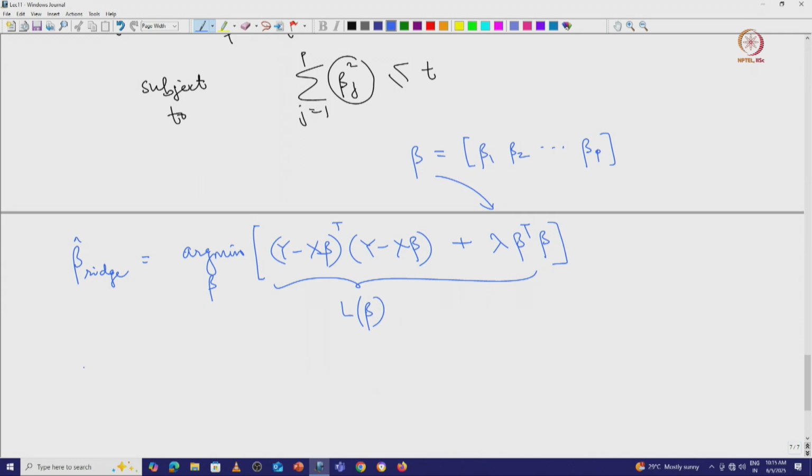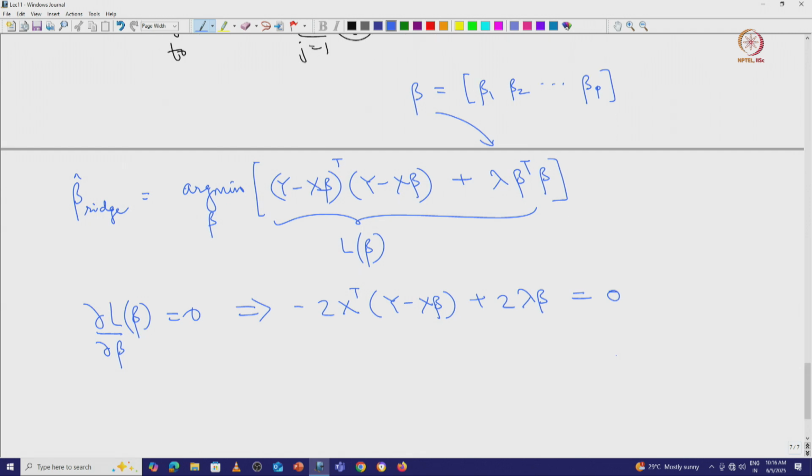Now like we did for the case of linear regression, you could take the partial derivative of L with respect to beta and set that to 0. If you did that, what you would get is minus 2 times x transpose (y minus x beta) plus 2 lambda beta equal to 0, and that would mean that (x transpose x plus lambda I) times beta equals x transpose y.